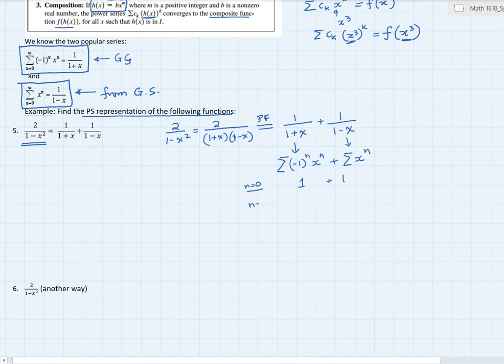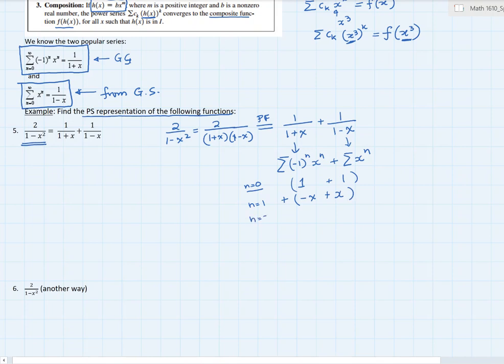Okay, then n is 1. So these are all added, so this is 1 plus 1. When n is 1, I get from here -1 to the power 1 and x to the power 1, so I get -x, and this one gives me plus x.